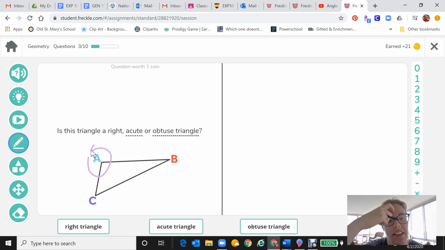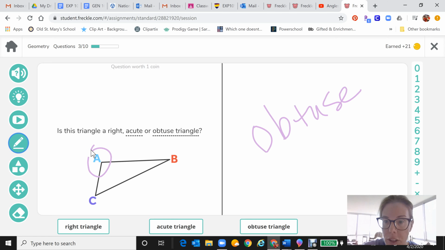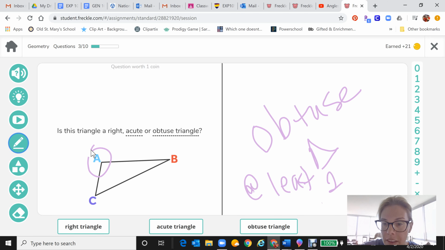I would say that this is probably like 92 degrees. So that would tell me that this is an obtuse triangle because it has at least one angle greater than 90 degrees.